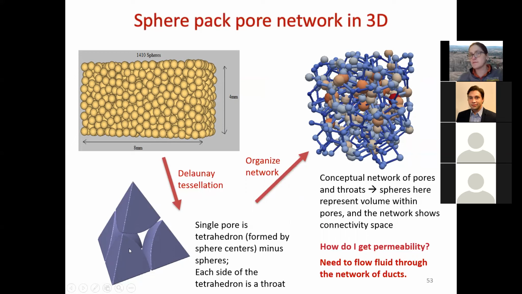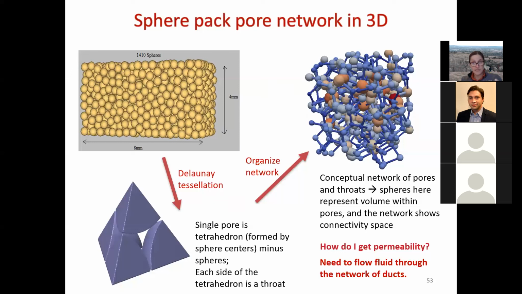And within that tetrahedron, you have pore space. And again, using geometry, you can figure out what the size of that pore space is, what is the inscribed pore radius, and what are the connections to the other tetrahedra in this space. So this is the same type of reasoning that you would now apply from 2D to 3D.